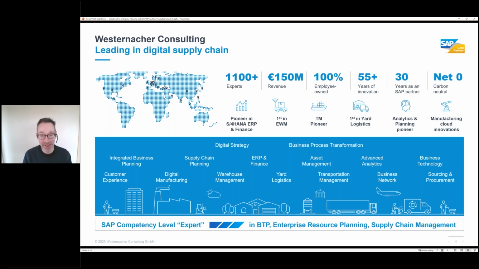We cover the entire digital supply chain, and this is something which we think makes us a little bit unique. We're big in logistics, we're big in planning, we're big in analytics, we're good in ERP, we know finance. So we cover the entire bandwidth.